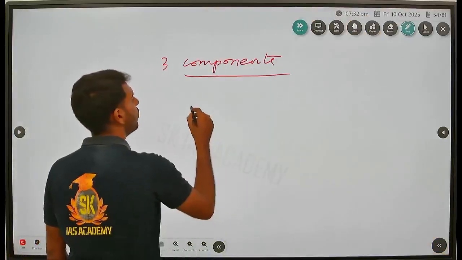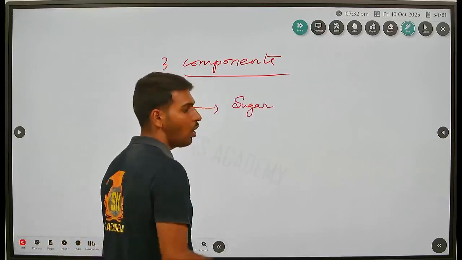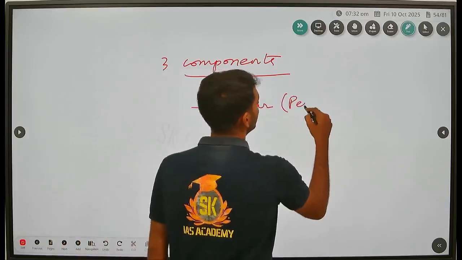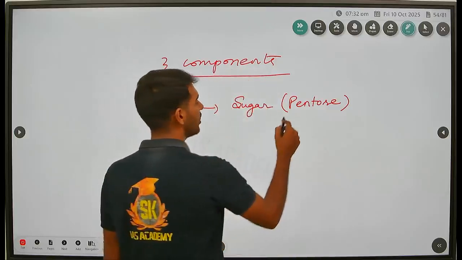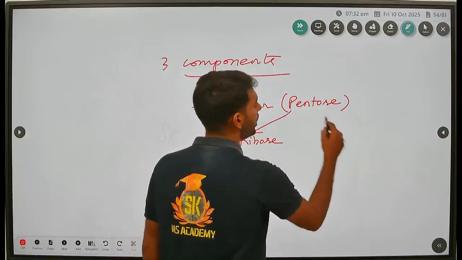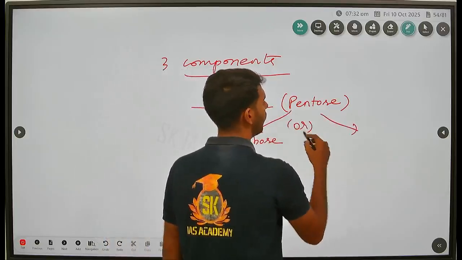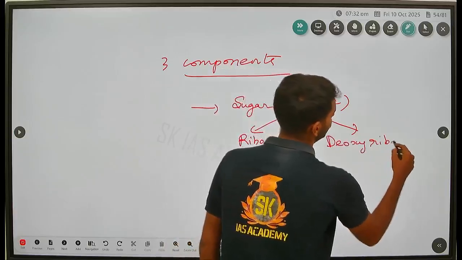Three components. One is your sugar, always a pentose sugar. Okay, two types of pentose sugar. One is your ribose, or it could be deoxyribose sugar.